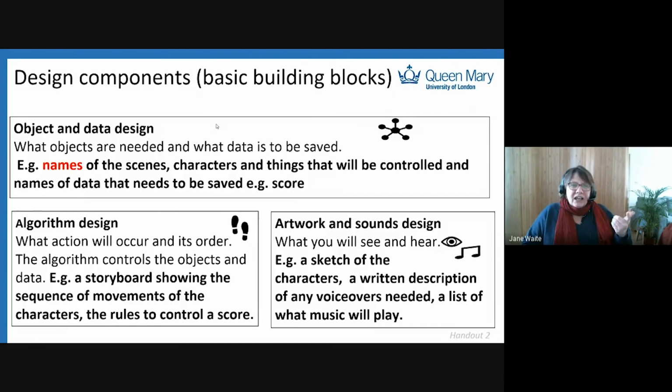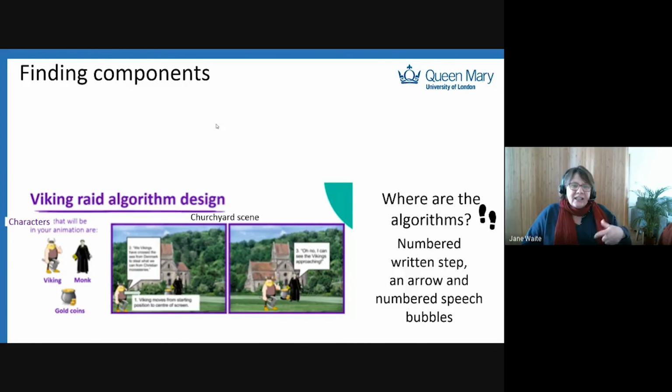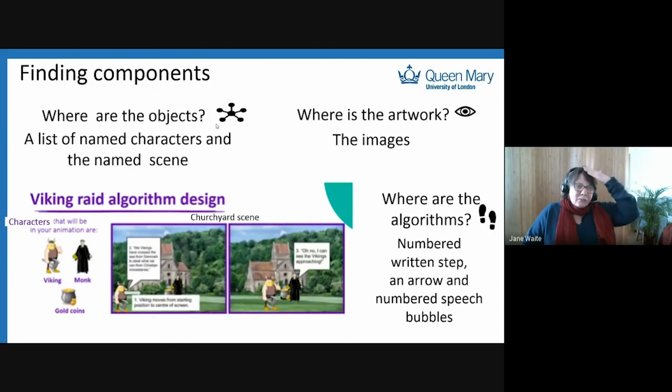In action, if we look at Viking Raid, which is a Barefoot activity, the algorithms are the numbered steps and the numbered speech bubbles and the arrow on the design. The artwork is just the images that have been used, and the objects are the names of the characters. You can see here on Viking Raid there's a Viking, a monk, and some gold coins, and the name of the scene, a churchyard scene.